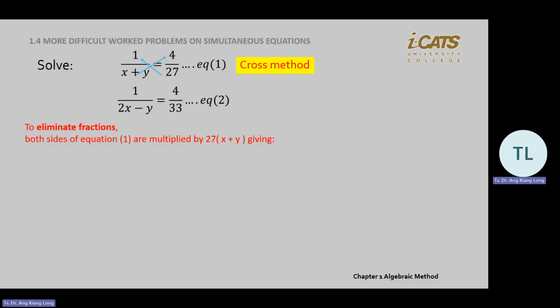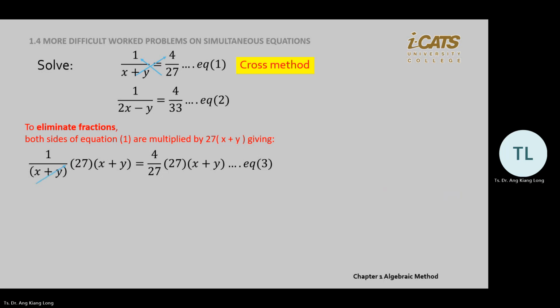This one is a bit faster. I can do the slower one, like substituting, but no need. In our class, I just tell you what to do. You just use cross product, just cross it. Then you'll get a two-sided linear equation. Understand? Like what I show here.